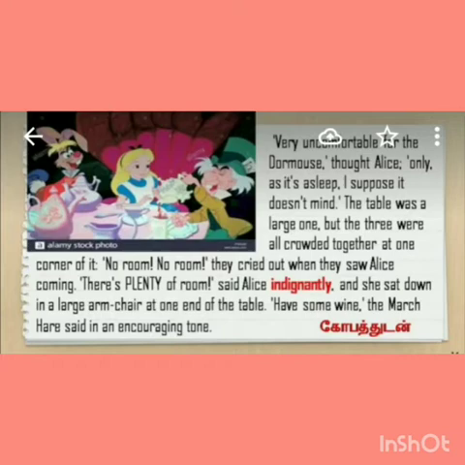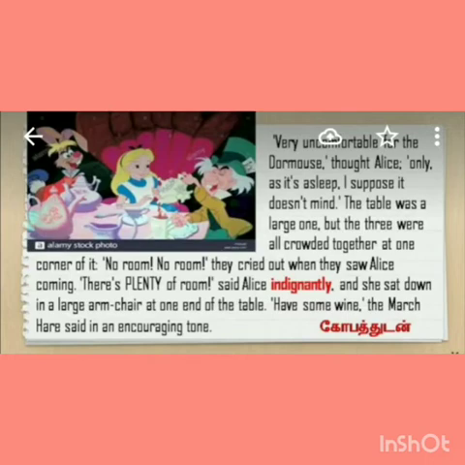This side the rabbit was sitting, that side the Mad Hatter was sitting, and they were keeping their hands on that mouse and talking. So Alice is thinking it must be uncomfortable for the mouse, but it doesn't mind because it is sleeping, so it doesn't know. Who is thinking? Alice is thinking.